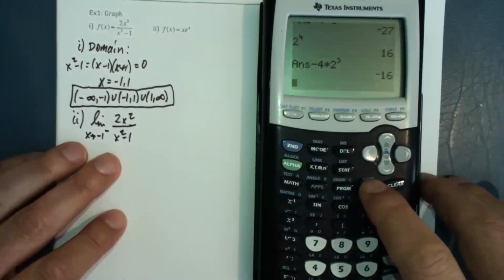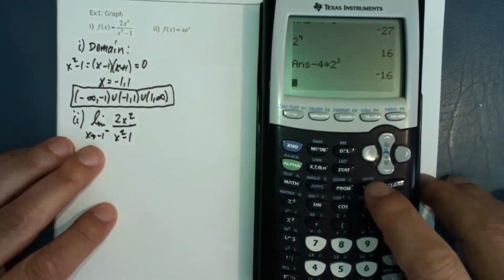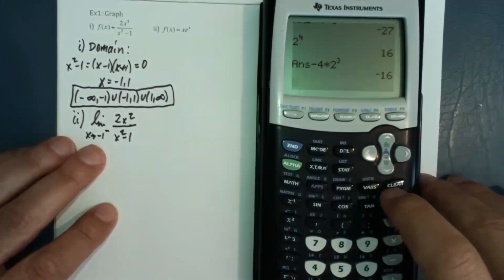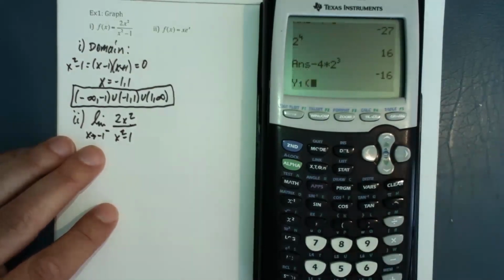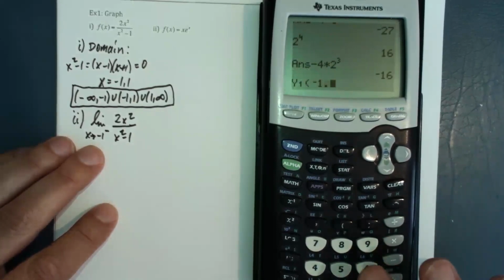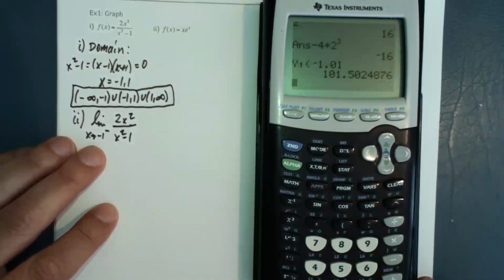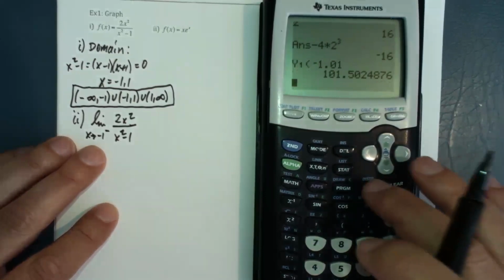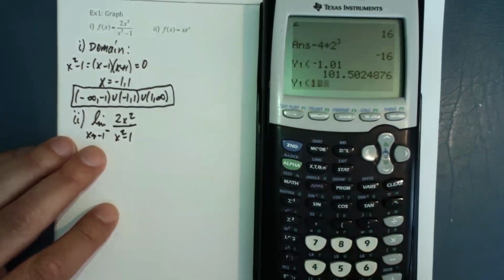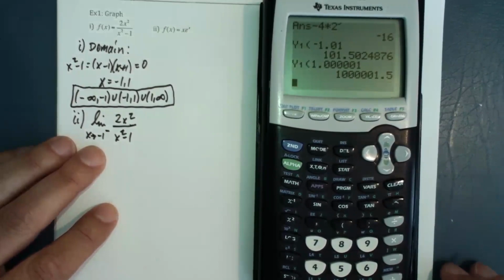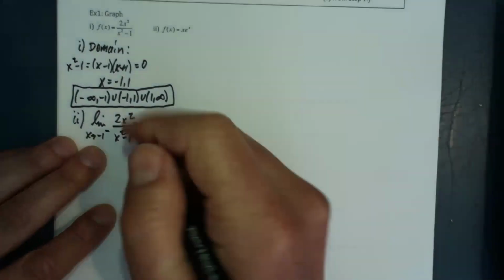And then we can evaluate this. Numbers that are to the left of -1 are like -1.1 and things like that. So let's do y bars and evaluate this at -1.01. Okay, let's get it even closer, -1.000001. And we're clearly going off to positive infinity here.